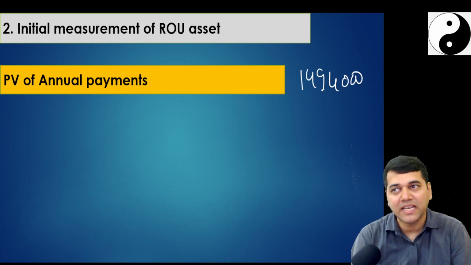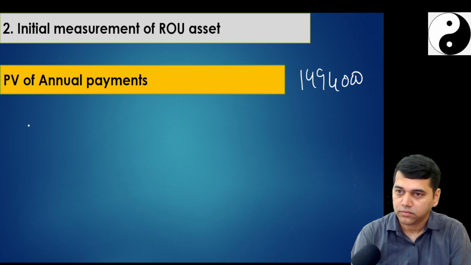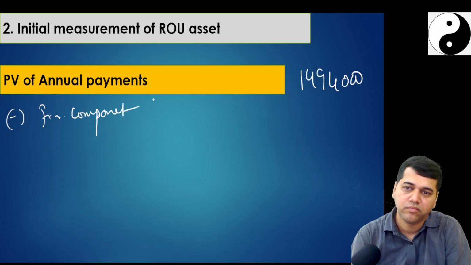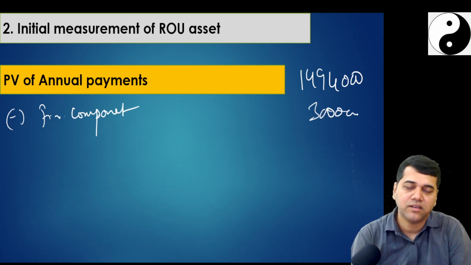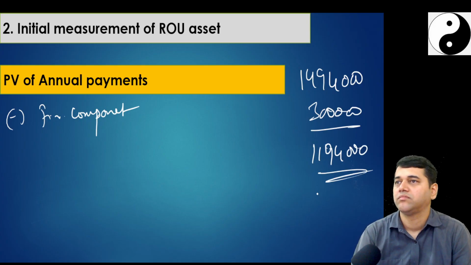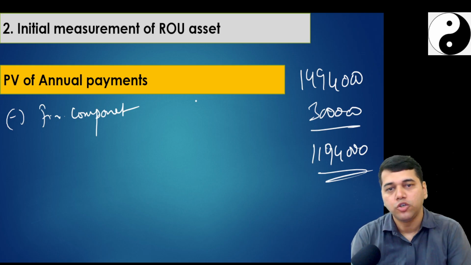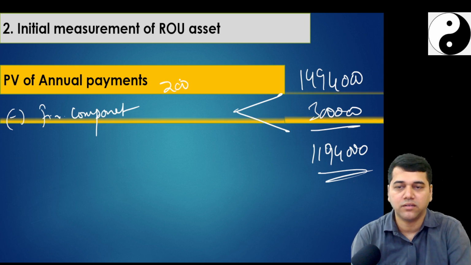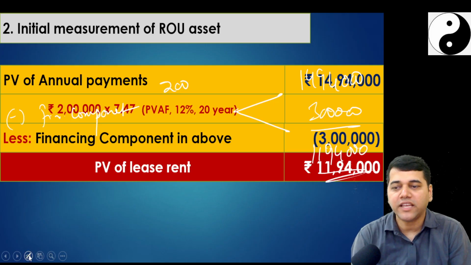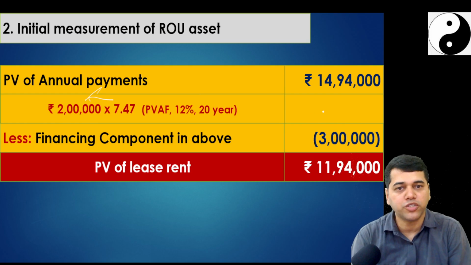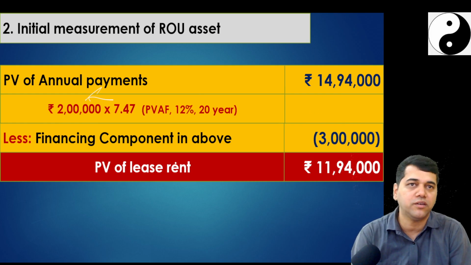But in this 14,94,000, the financing component is sitting. How much? 3 lakh. That means ROU is only 11,94,000. Because going forward, when you pay 2 lakh, 2 lakh, you will pay for two things: one portion for ROU and one portion for the financing.